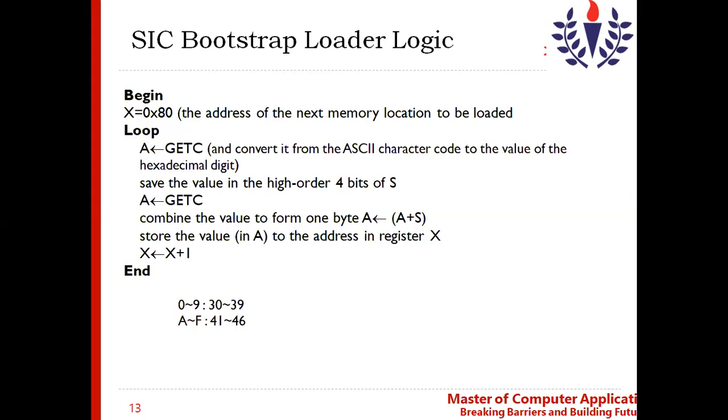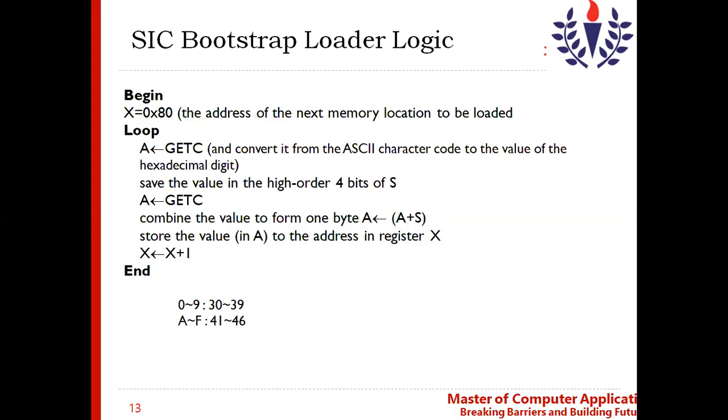These are combined together to form a single byte, because each character read takes 4 bits: the first is in S, and the next occupies 4 bits in A. When you combine these two, that forms 8 bits, nothing but one single byte. That is stored in the accumulator again.